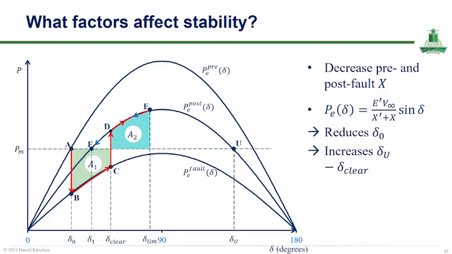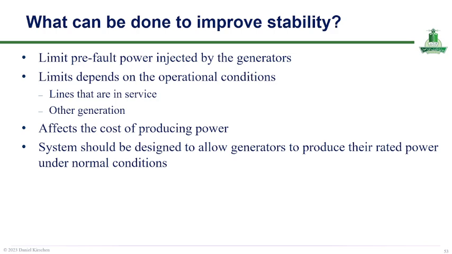The accelerating area A1 becomes smaller while the decelerating area A2 becomes larger, allowing the generator to remain synchronized after the disturbance. So this demonstrates how network reactance and fault clearing conditions strongly influence transient stability performance.